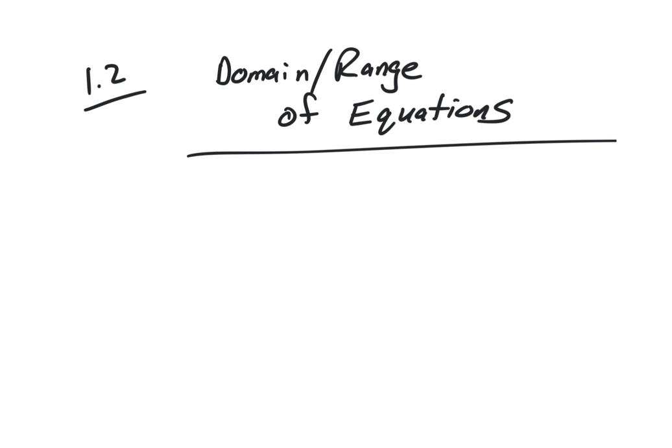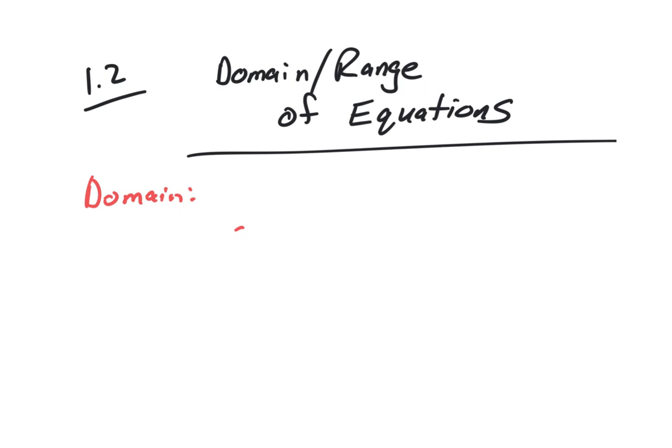And so we're going to talk a lot today about a couple of vocab words to start with. One of the first ones is domain. It's a word that we've heard of before. We do it a lot in Algebra 2. Find the domain of a function or of a graph.